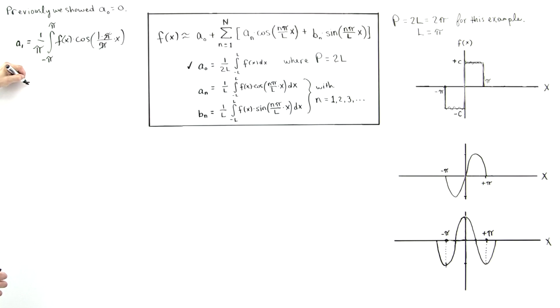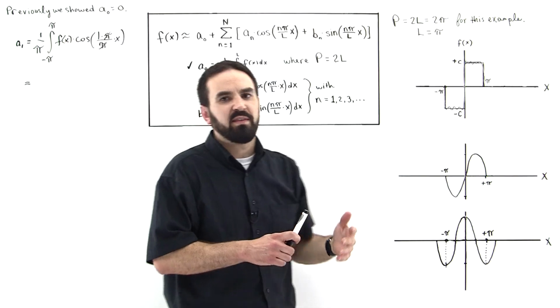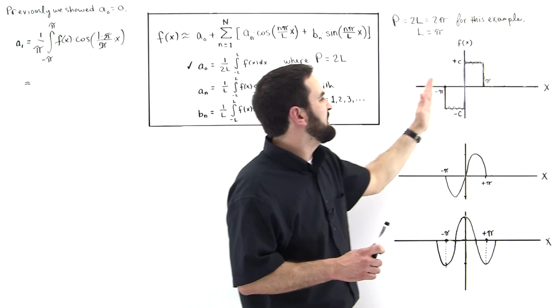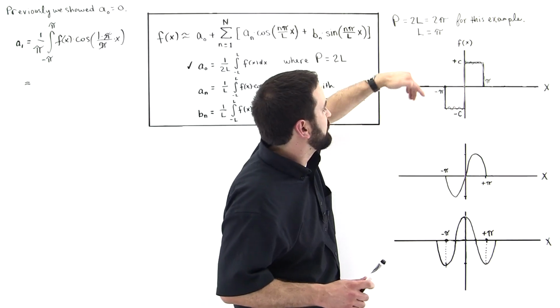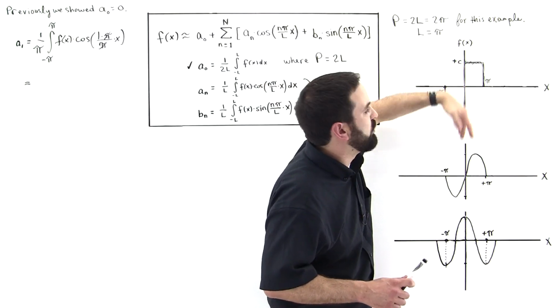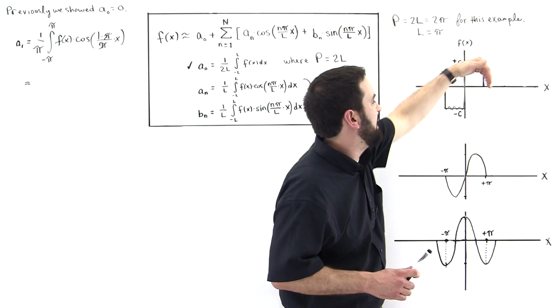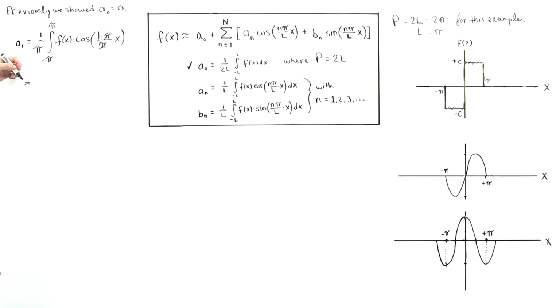And so this is equal to, now we're going to break this up because we have to integrate this stepwise function piecewise because it has this sharp break in it right here. So we'll integrate from negative pi to 0, and then we'll add the integral from 0 to pi. So this will be 1 over pi, open bracket, integral from negative pi to 0 of f of x.